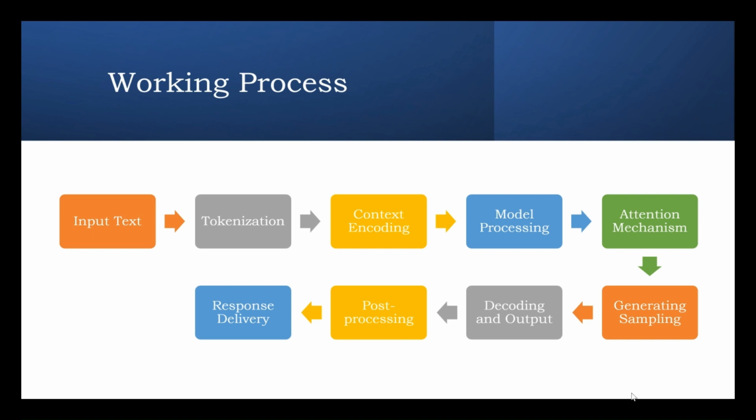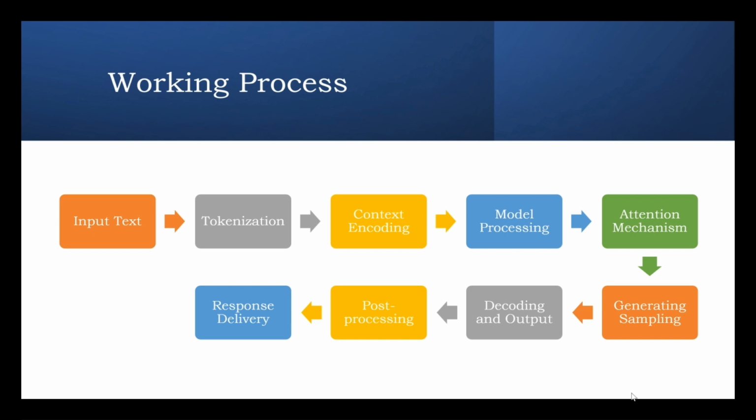For that, they convert the text into a numeric representation, and it is given as input for model processing. In the model processing, the encoded input is passed through the pre-trained transformer, specifically designed for natural language processing tasks like language understanding and generation. After that, it enters the attention mechanism.